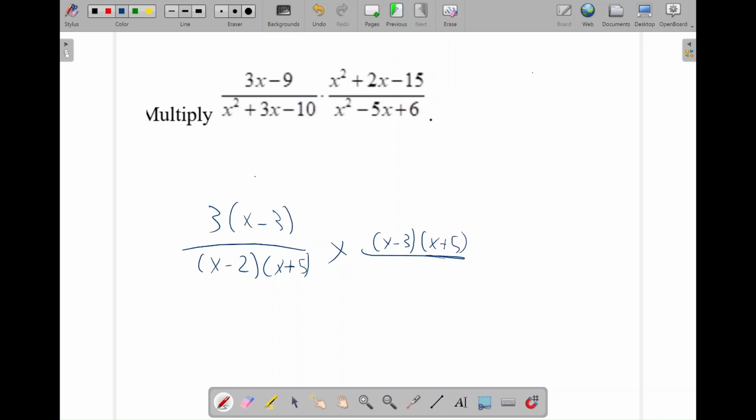The bottom one now, x squared minus 5x plus 6. So, two numbers that add up to make negative 5 and they multiply to make 6. X squared minus 3x minus 2x plus 6. Right? Because if we add these two up, it's going to make negative 5. And if we multiply them, it's going to make positive 6. So we're just going to group them.